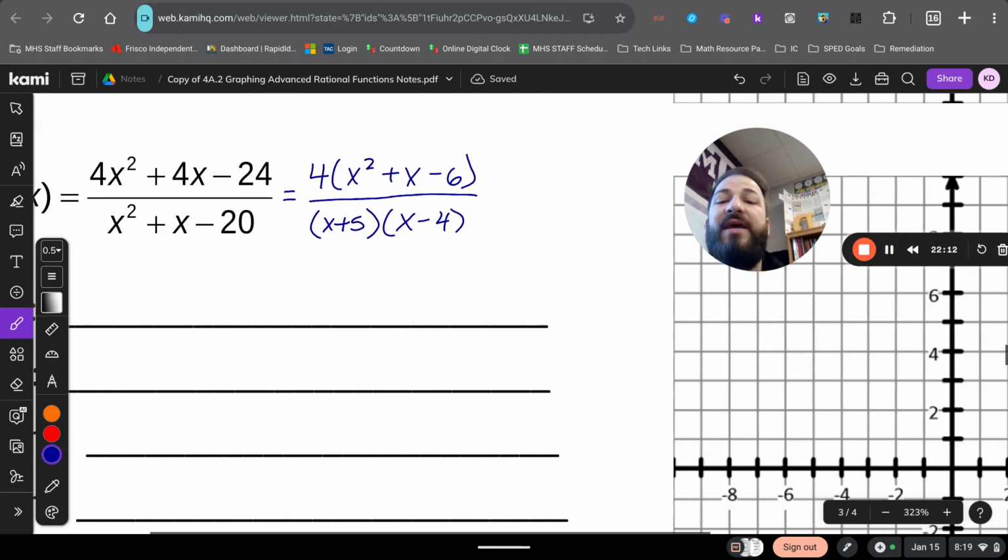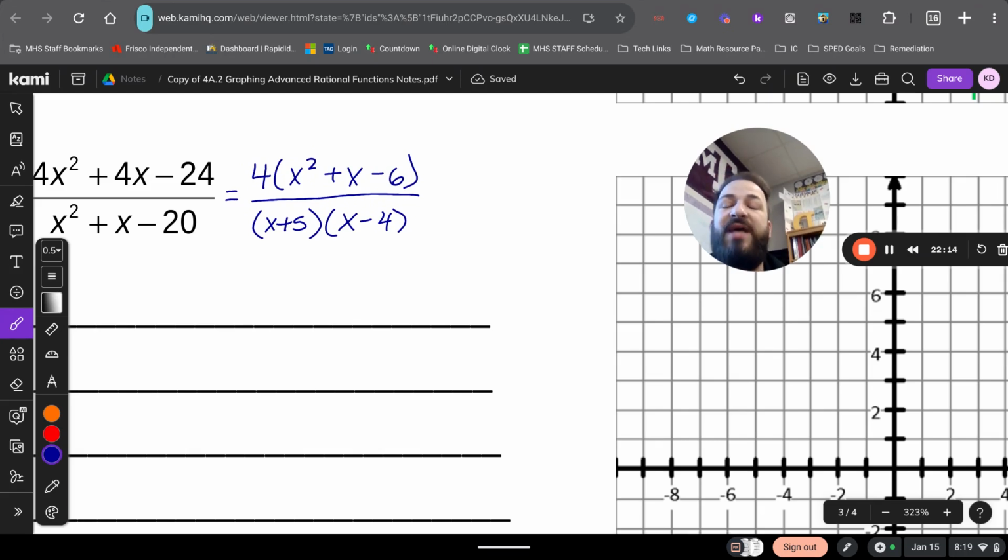Okay. And then on top, that 4 times x squared plus x minus 6, that 4 is already out, but that x squared plus x minus 6, I'm looking for factors of negative 6 that add up to positive 1. That would be positive 3 and negative 2.